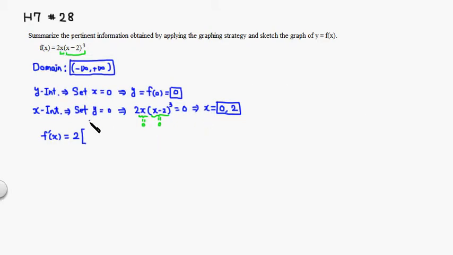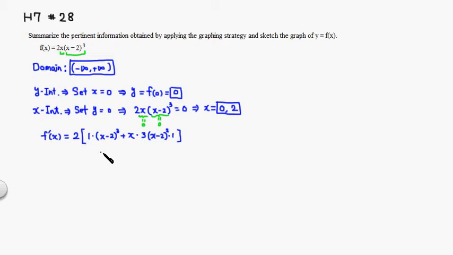The derivative of the first guy is 1 times the second, which is quantity x minus 2 cubed, plus the first guy, x, times the derivative of x minus 2 cubed, which would be 3 in front, and the same quantity x minus 2 raised to the power 2, and then multiply by the derivative inside, which is just 1.